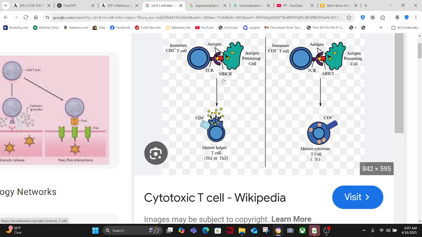This one, MHC class 2, is on the APC, and that MHC class 2 presents the antigen to the CD4 T cell. 2 times 4 is 8, and this deals with bacteria. CD8 positive T cell is one of the ways apoptosis happens to get rid of viruses in our body. Okay, so that's there.